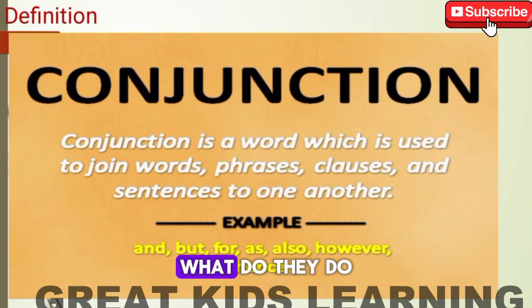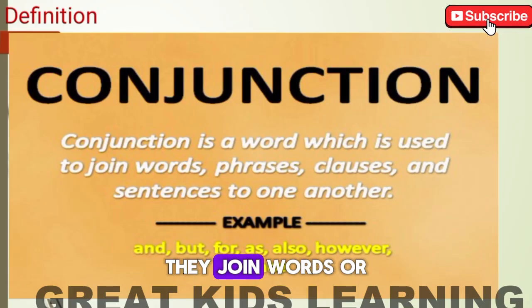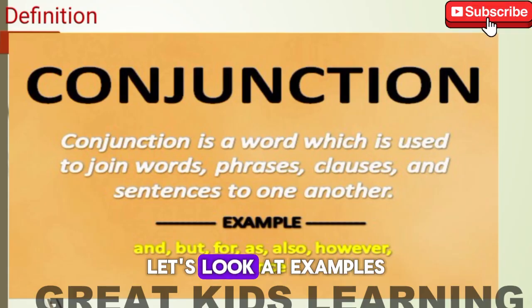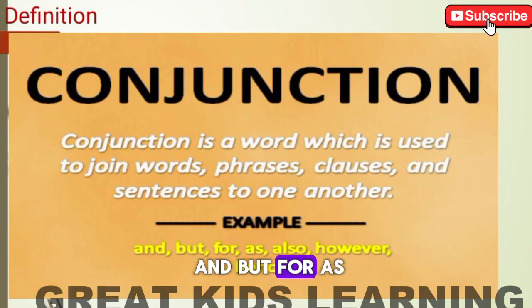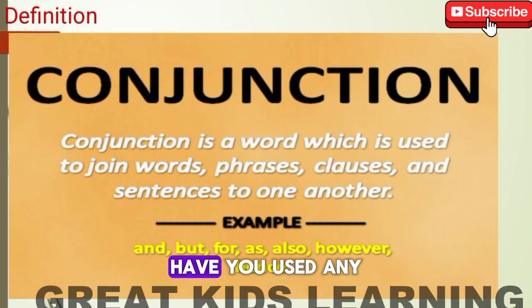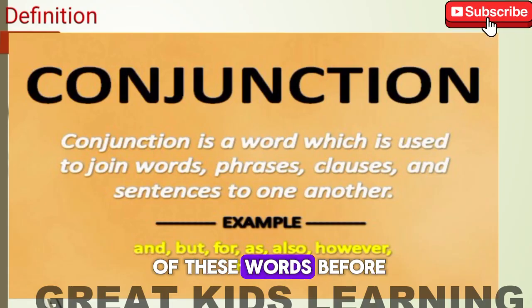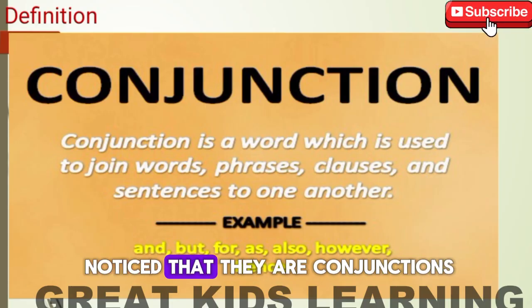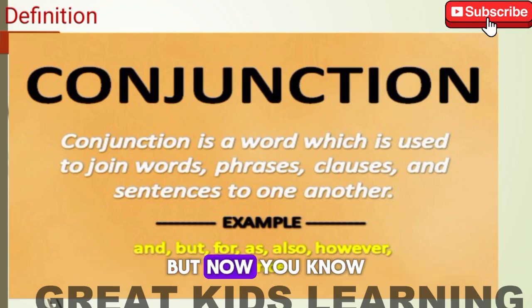All right, let's look at examples: and, but, for, as, also, however, hence. Have you used any of these words before in your sentences? Of course you have. You might not have noticed that they are conjunctions, but now you know, isn't it?